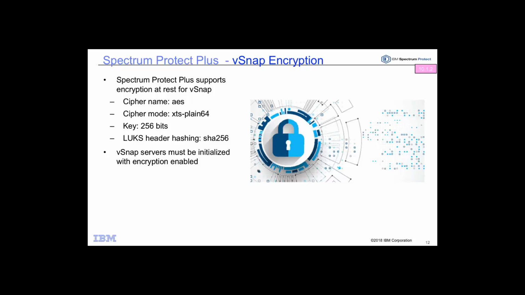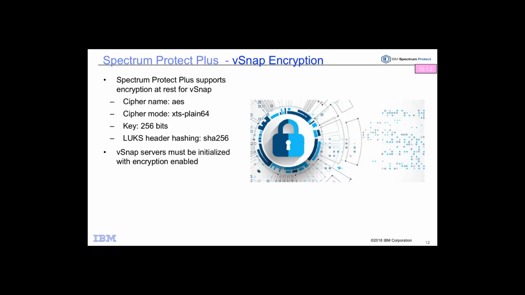It is encryption at rest for the data stored in the VSnap repository, and we are using the 256-bit AES encryption cipher. Now, just some restrictions and some information about using encryption with Spectrum Protect Plus.